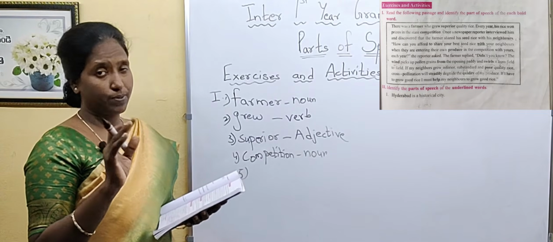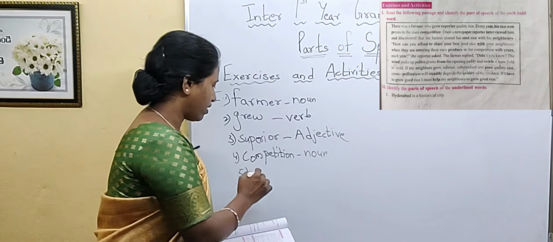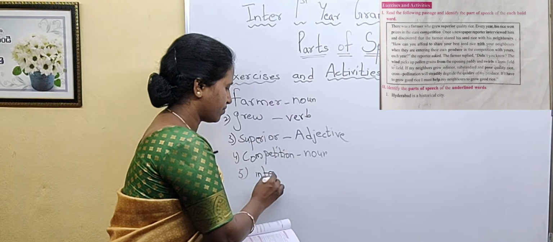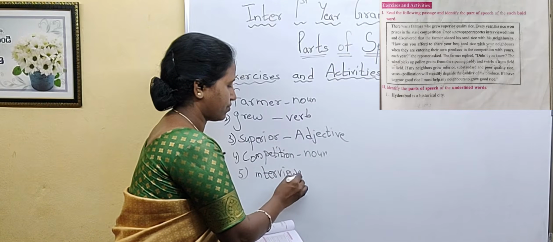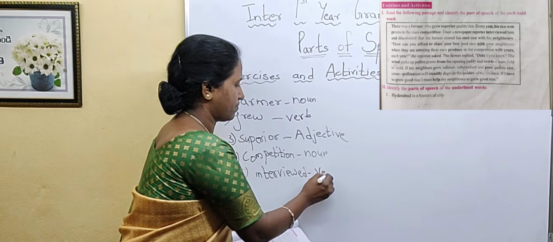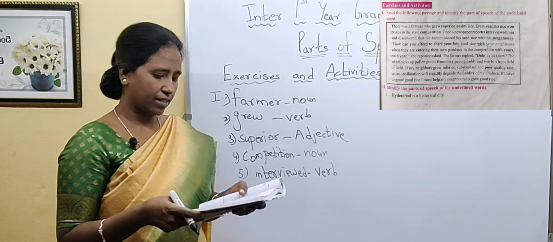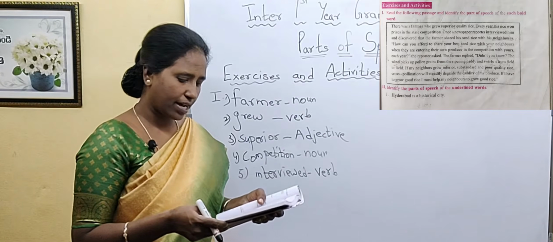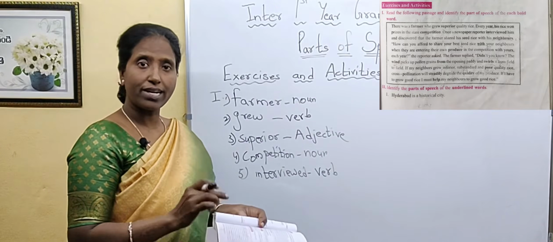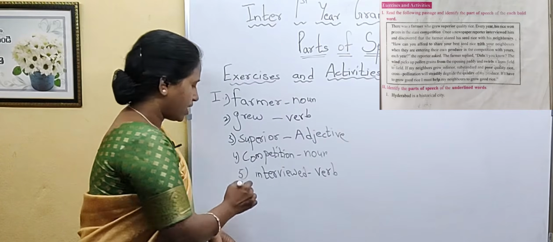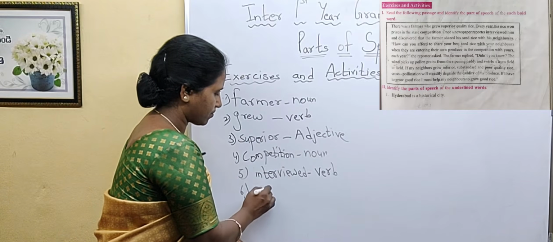So whatever has present tense, past tense is a verb, interviewed. Interviewed him and discovered that the farmer shared his seed rice with his neighbors. It is already in plural, so it is a noun, neighbors.